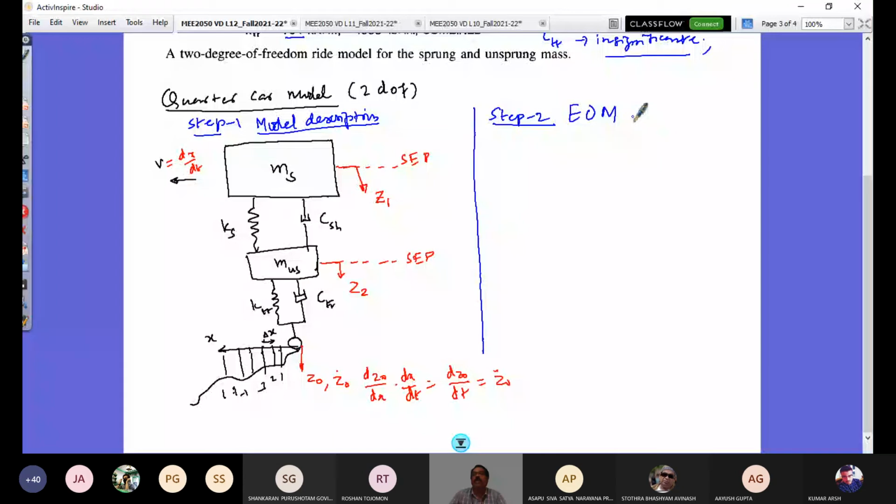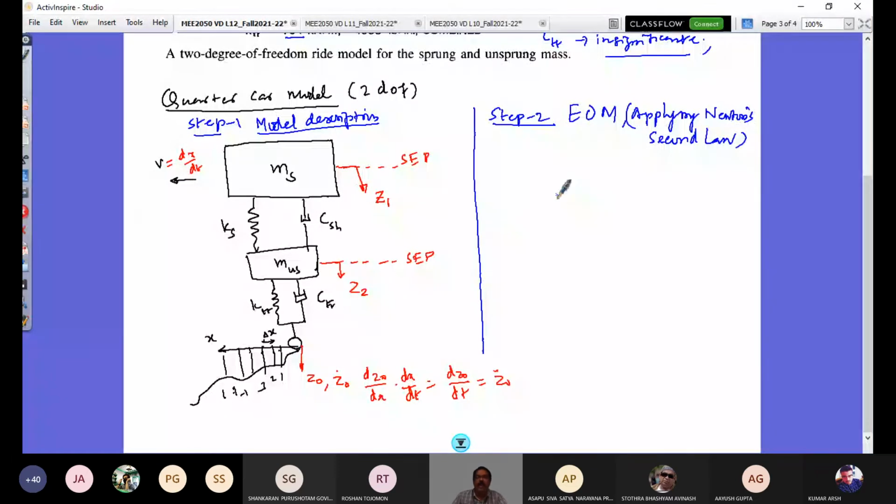So how do you get the equation of motion? Applying Newton's second law, you would be able to get the equation of motion for this system.